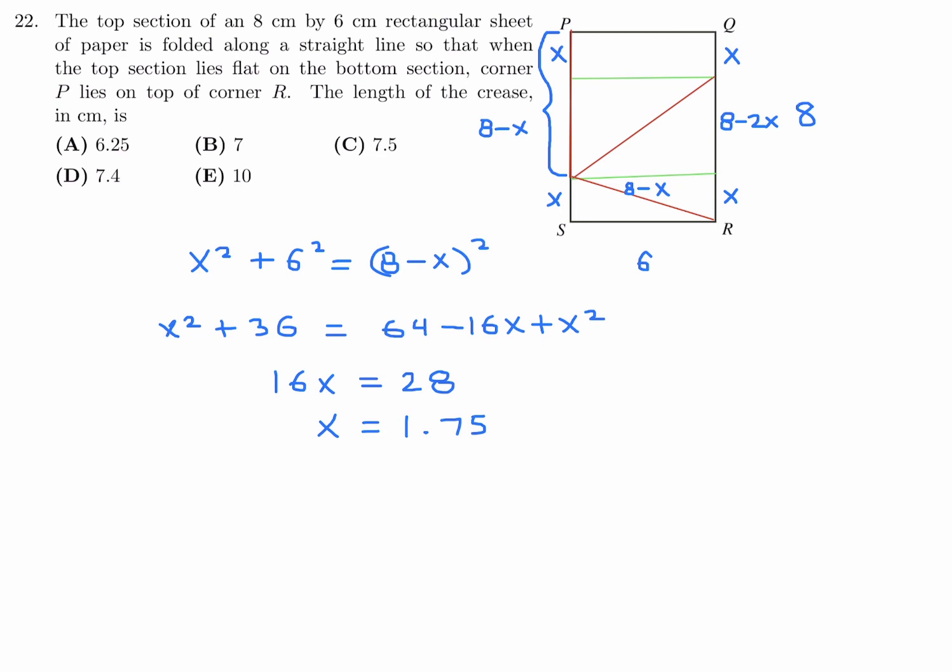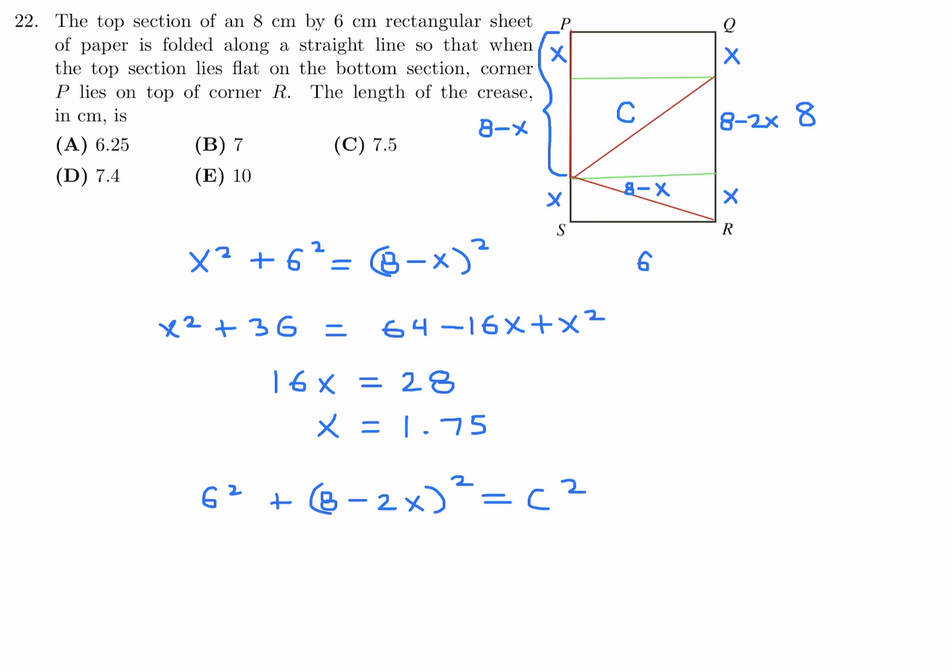Now our next Pythagorean relationship involves this triangle, and the crease is what they want, right? That is the crease there, so I'll just call it c for crease. That Pythagorean relationship is as follows: 6 squared, because from here to here is 6, plus (8 minus 2x) squared is equal to c squared.